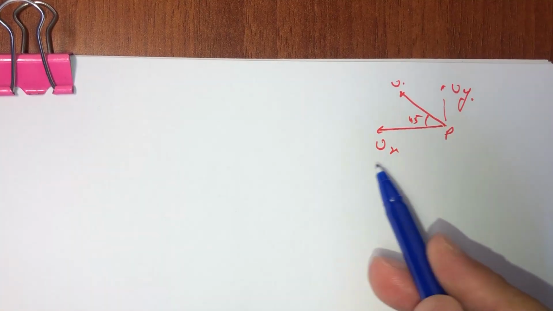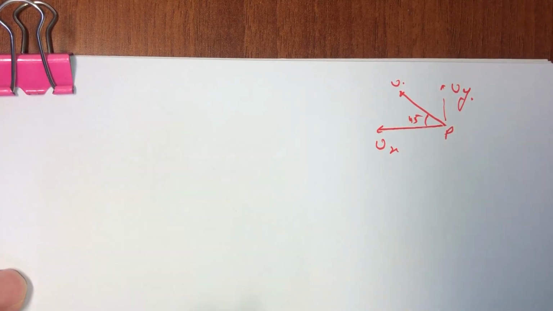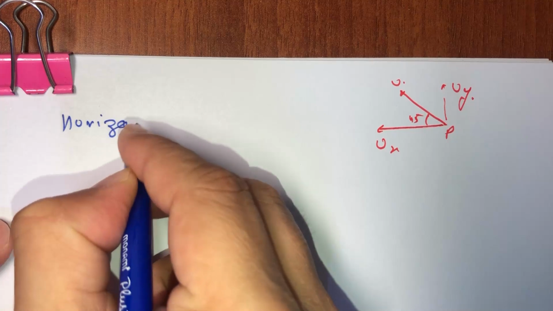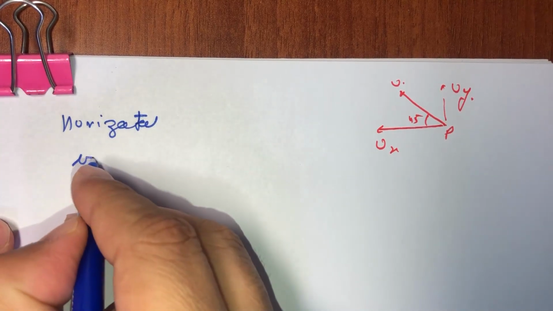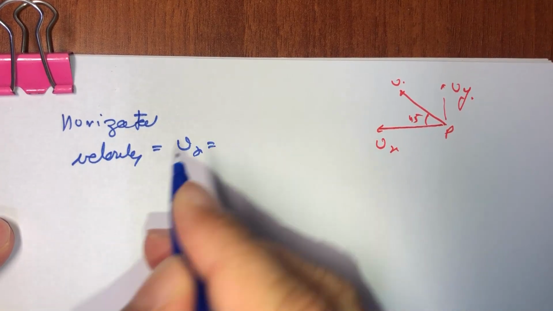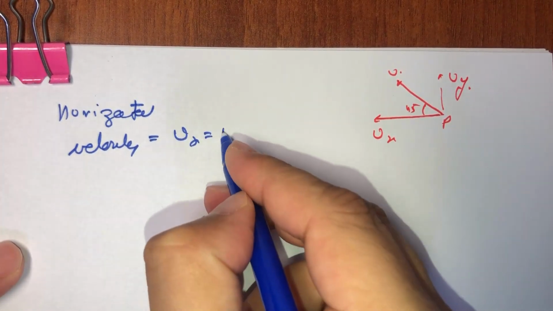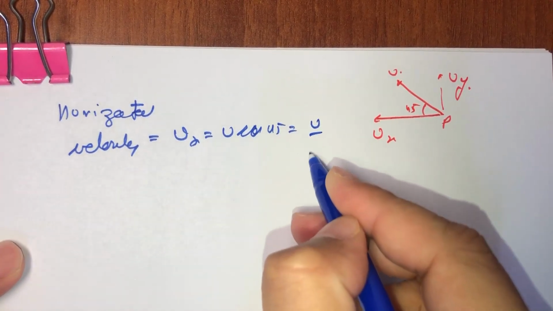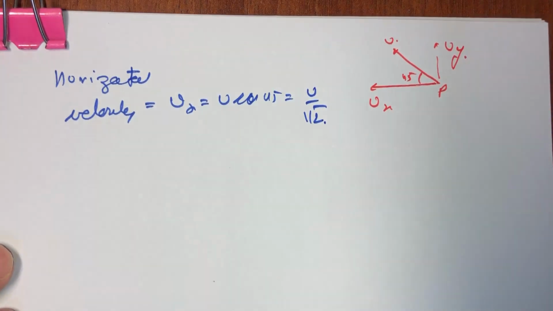The horizontal velocity v of x will be equal to v cos 45, which gives us v upon square root of 2.